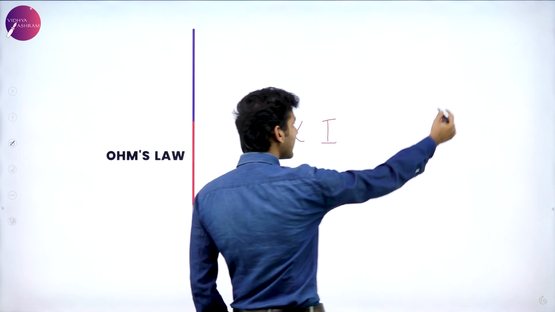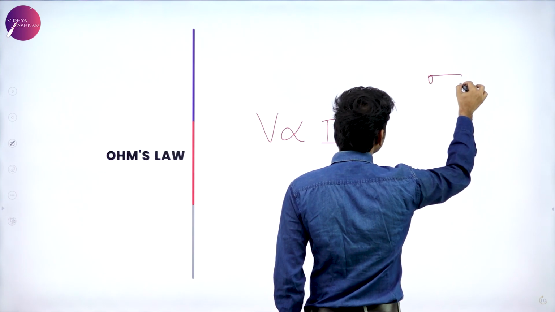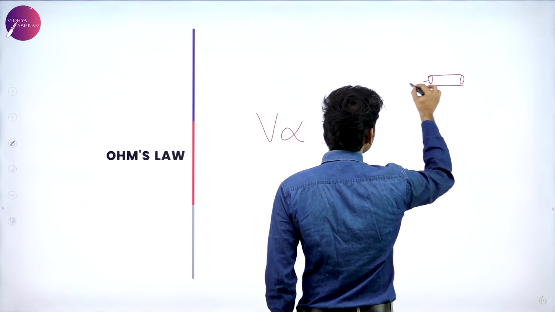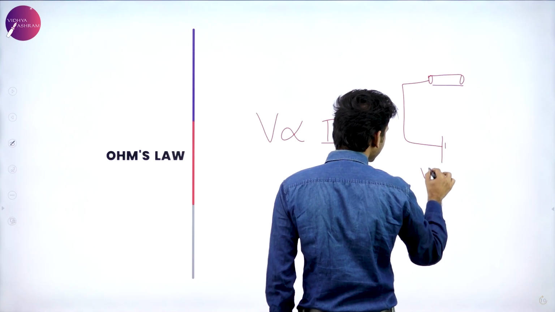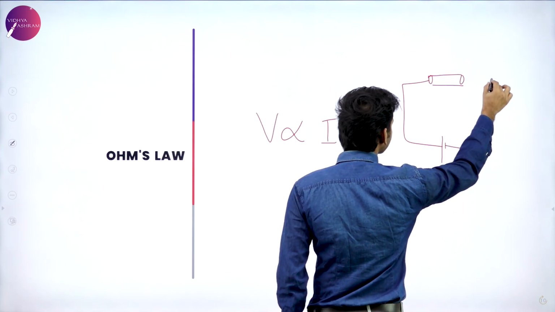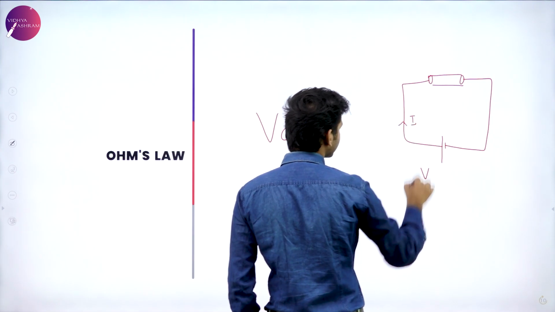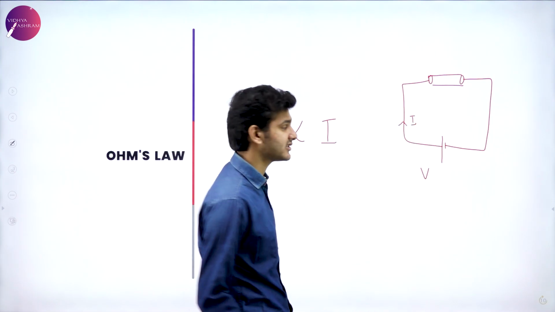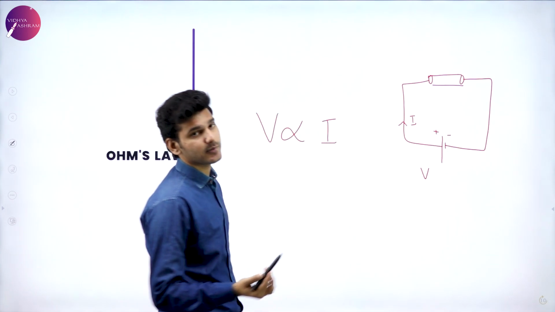That is, if I have, let's say, a conducting material like this connected to a battery of V volts, there will be current flow because of the potential difference between the 2 points. So this will be positive and this will be negative. So obviously there will be current flow.